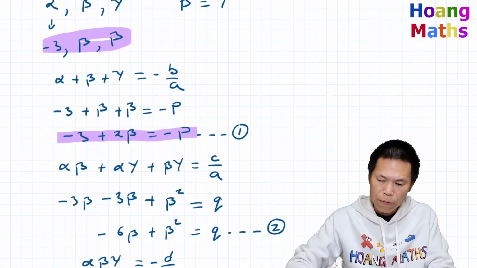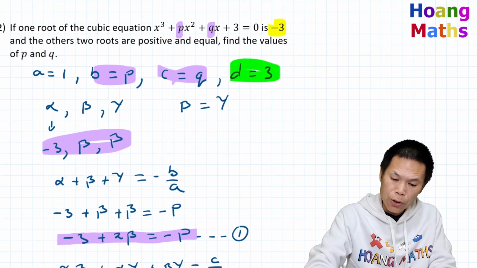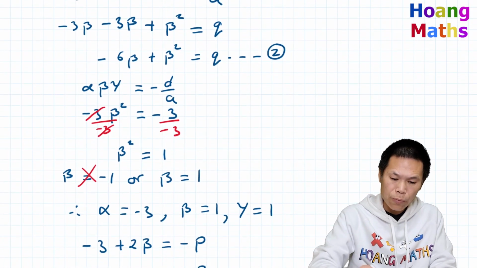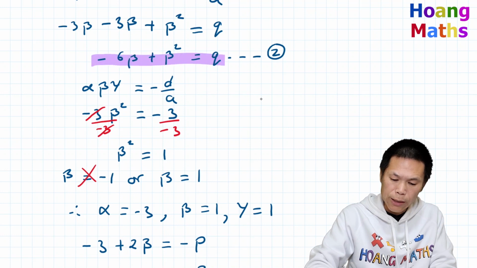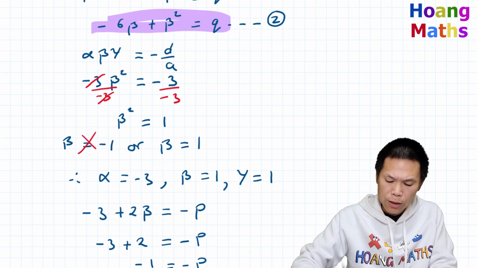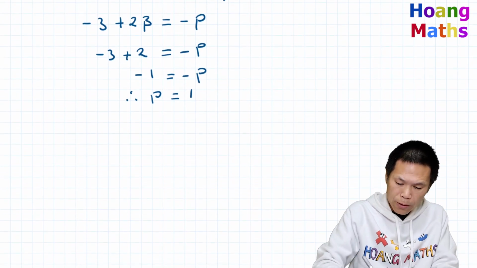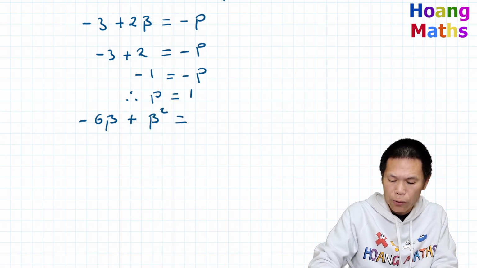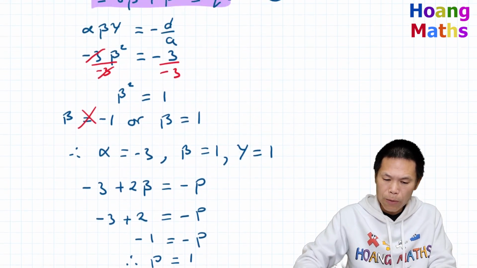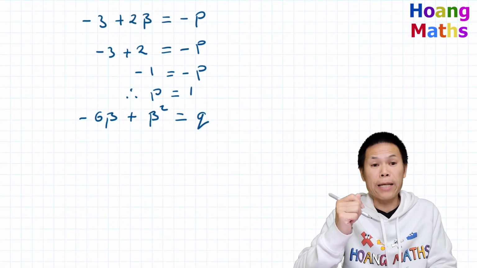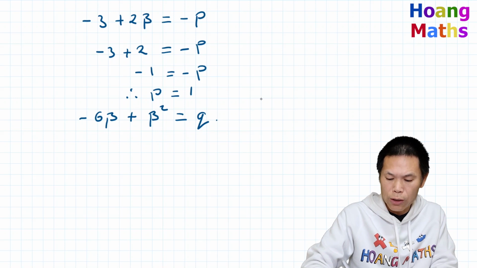Then we need to find the value of q. We have this equation here: negative 6 beta plus beta squared is equal to q. Let me double check. Yes, that's right. Now we just substitute beta into equation number 2.